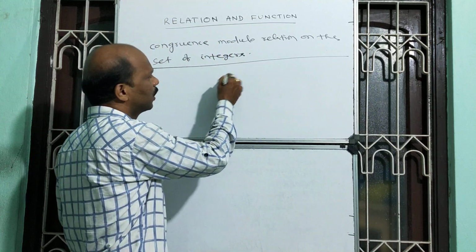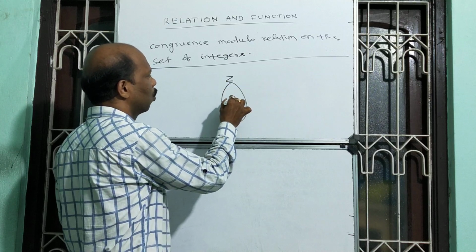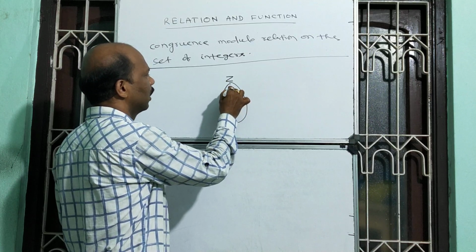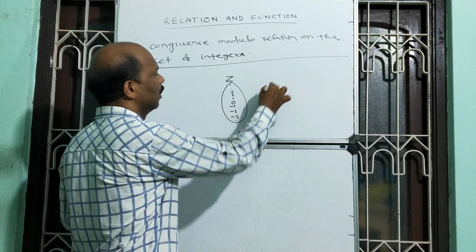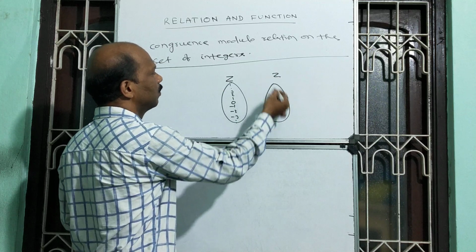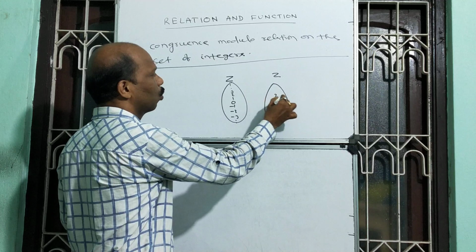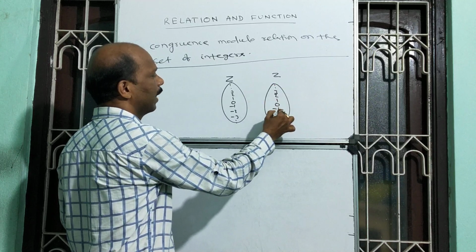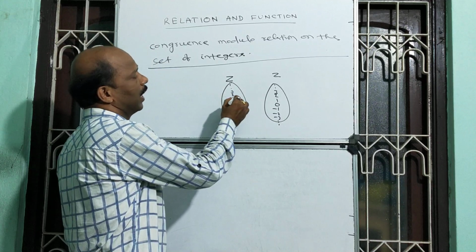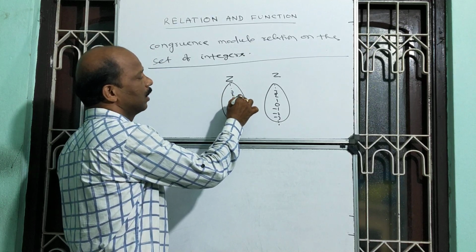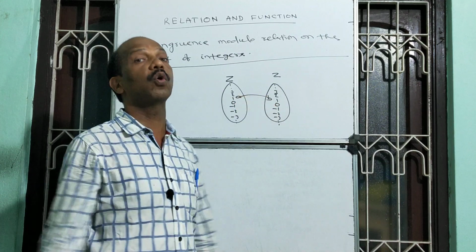Suppose the set of integers Z is 0, 1, 2, 3, and so on, and -1, -2, -3, and so on. On the set of integers means the relation is from Z to Z. Here an element, suppose A is related to B if A is congruent to B modulo n.